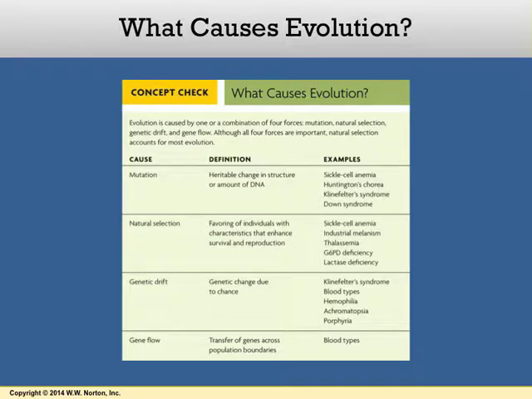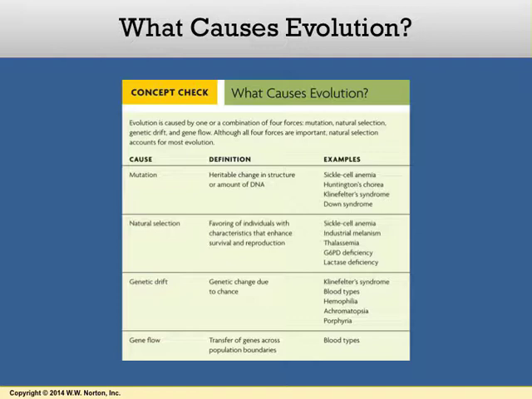Let's review. In this chapter, we've encountered 4 causes of evolution: mutation, natural selection, genetic drift, and gene flow. Mutations introduce new genetic variation into a population. This variation is then subject to the power of natural selection, as we saw in the case of peppered moths and sickle cell anemia.